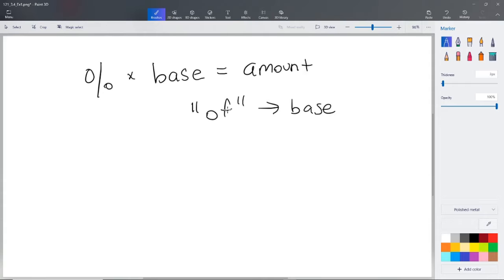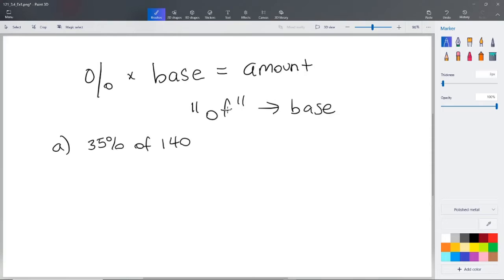So let's go ahead and look at example A of this particular example. What is 35% of 140? As you can see, what follows the of is 140, meaning 140 is the base. So that's what we're going to do. We're going to put 35% here, except this time we want to use it as a decimal.